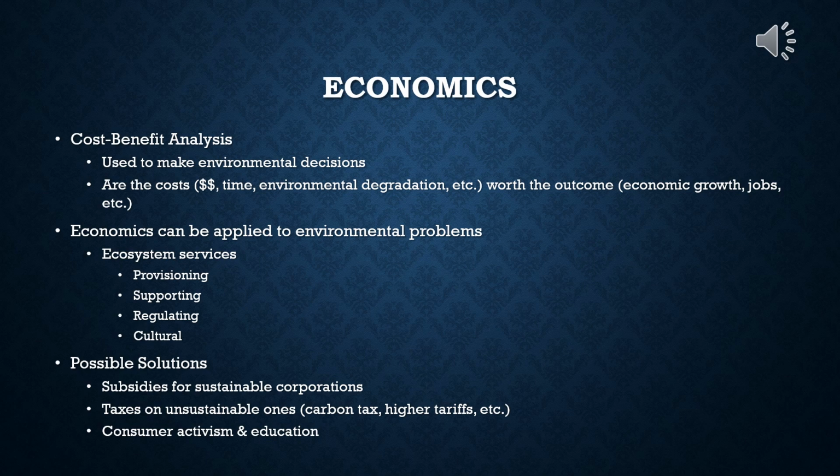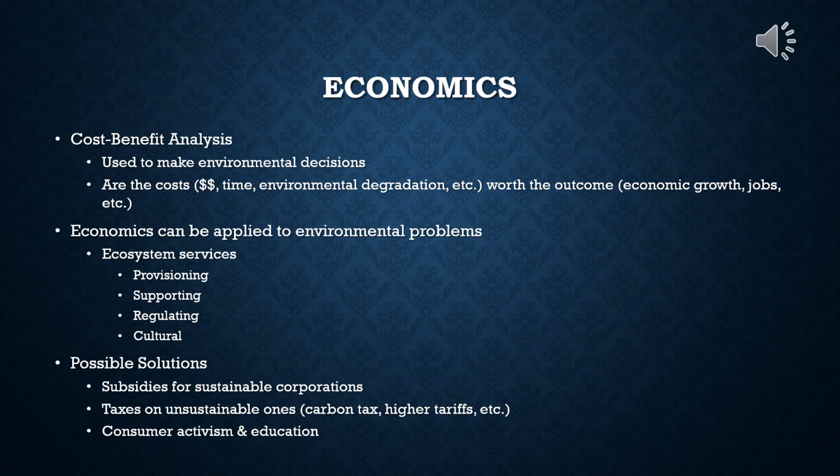So we take those cost-benefit analyses and those things that we learned about in terms of market and full cost pricing, and we apply economics to environmental decisions. We do that by this thing called economic services or ecosystem services. Ecosystem services are ways in which we can place a monetary value on the actions of an ecosystem.